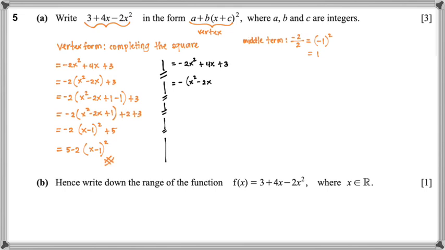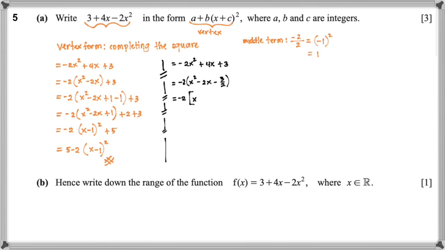Negative 2. So, to get the half of 4, which is 2, we get minus 3 over 2. Oh, I forgot to write 2 here. And then we get negative 2. So x squared minus 2x minus 3 over 2. So the half of negative 2 is 1, just like what we get in the middle term here. So we'll apply that.